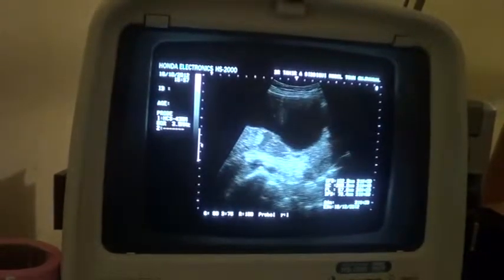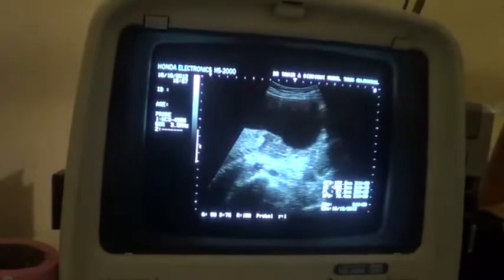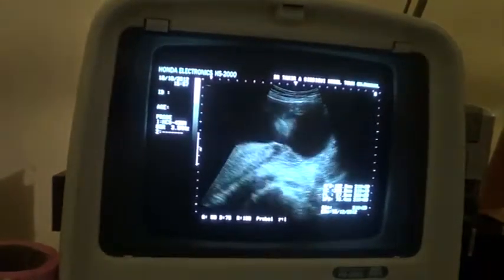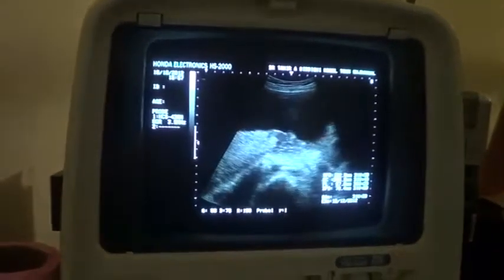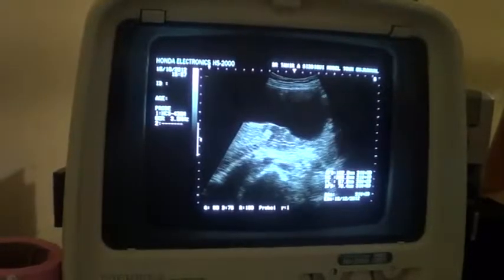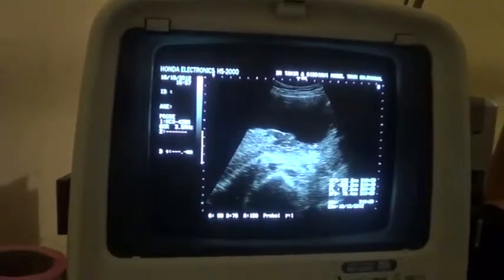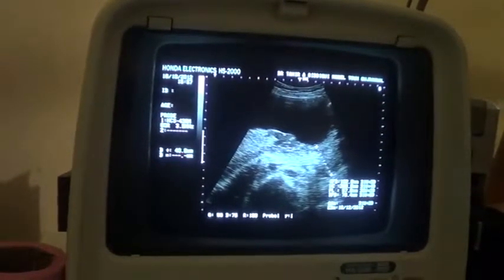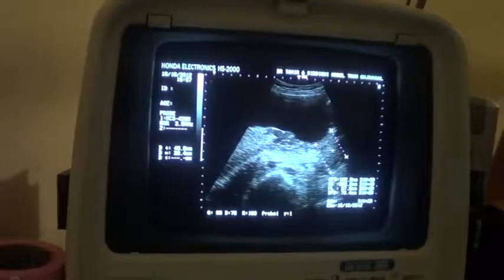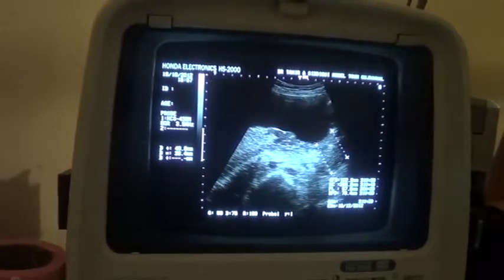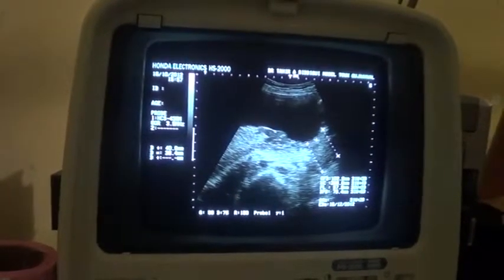So here what we are seeing is the cervix of the uterus. Now this is the cervix of the uterus, this area. And this central echogenic line that you are seeing is the cervical canal, which is closed, and this area is that of the internal os.